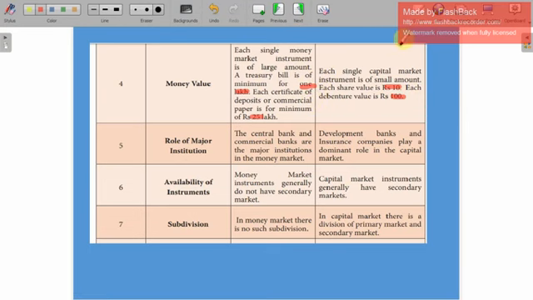In the capital market, the minimum share value is 10 rupees and the debenture value is 100 rupees. That is the money value.